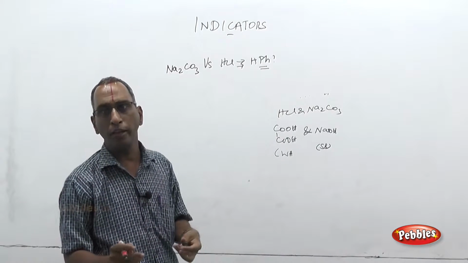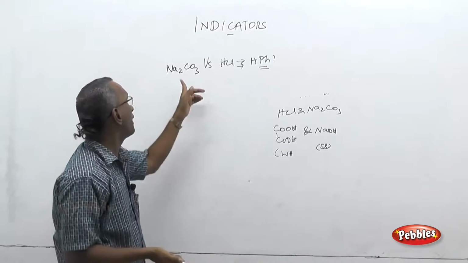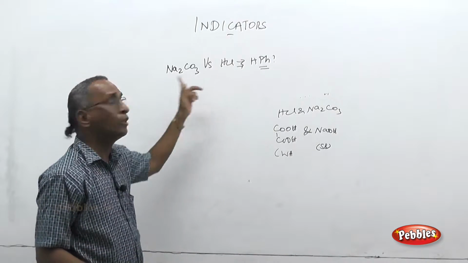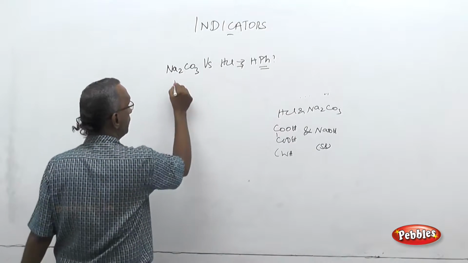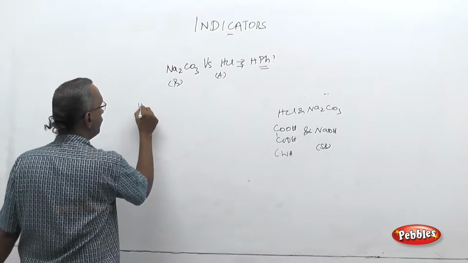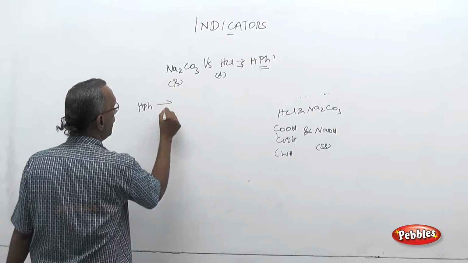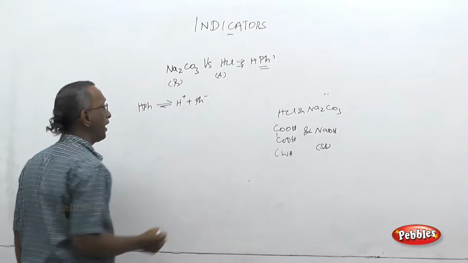So we are going to check whether phenolphthalein can be used for the titration between sodium carbonate and HCl. Sodium carbonate is a base. HCl is the acid. We have seen that phenolphthalein dissociates into H plus and PH minus. It is a weak acid.